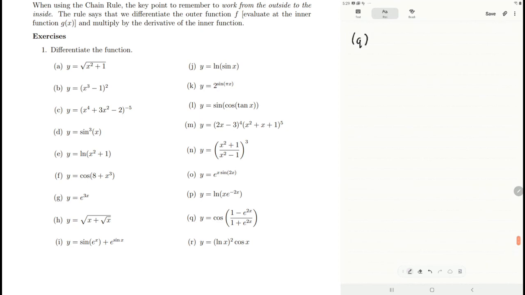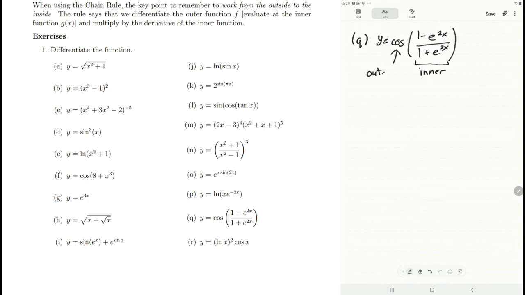So for letter Q, we have y is the cosine of 1 minus e to the 2x over 1 plus e to the 2x. So here we apply the chain rule. The inner function is 1 minus e to the 2x over 1 plus e to the 2x.